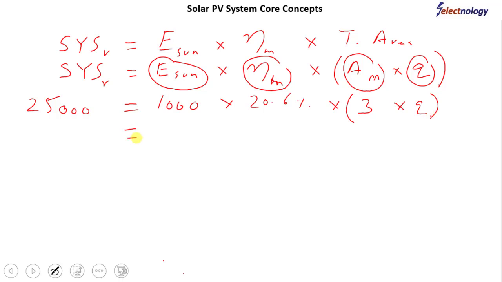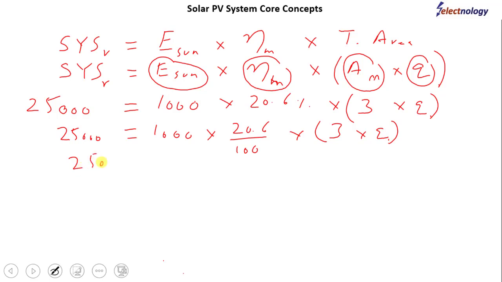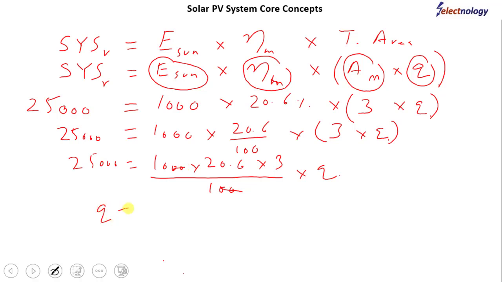So that becomes 25,000 = 1000 into 20.6 divided by 100, because it is in percent, into 3 meters square into quantity. Now if we solve this equation, 25,000 = 1000 into 20.6 into 3 divided by 100 into quantity, Q becomes approximately 40.